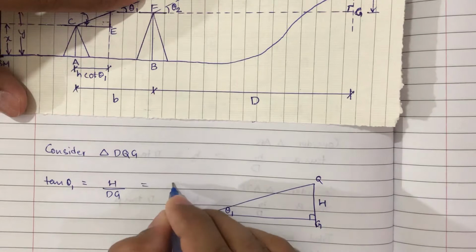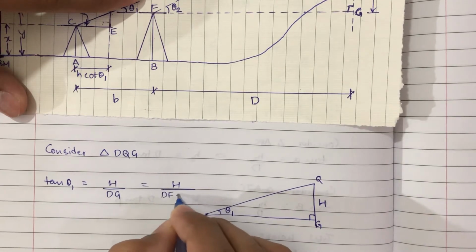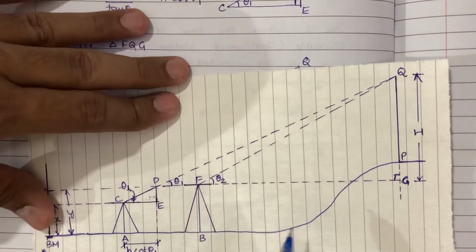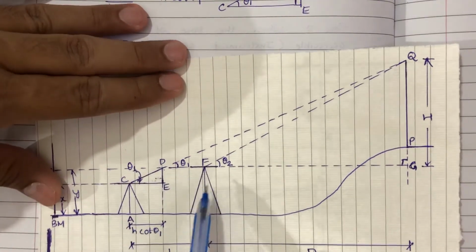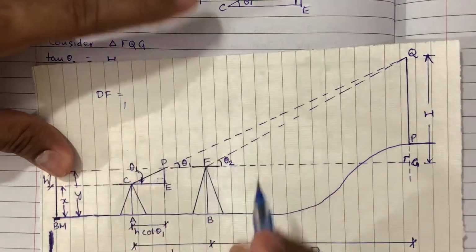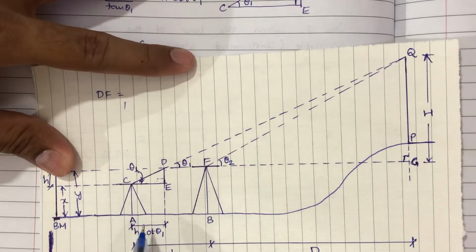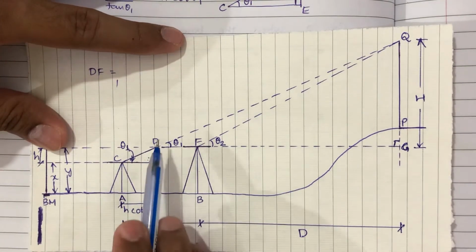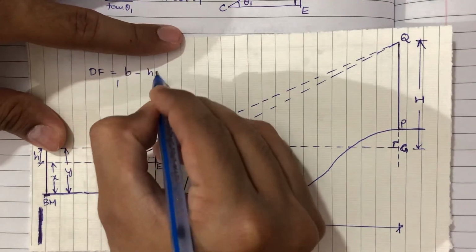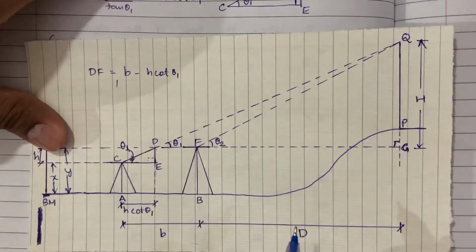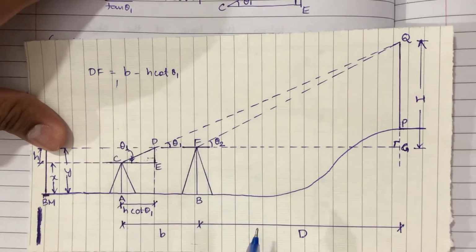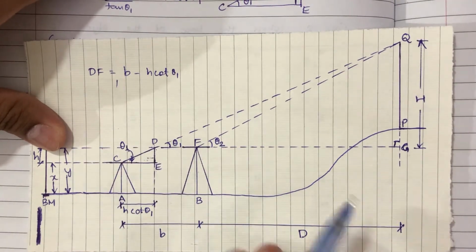So we can write this as H upon DF plus FG. Now this distance DF, how can this be written? This total is b and this is h cot theta 1, so DF will be equal to b minus h cot theta 1, isn't it? And FG is equal to d.